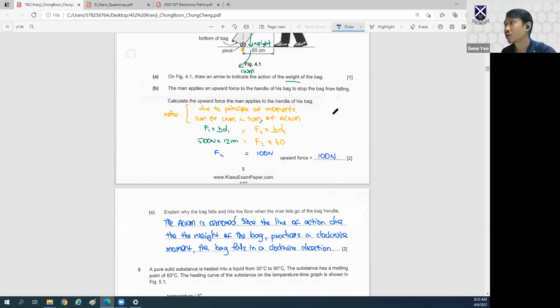Okay, so keywords you must include: line of action produces a clockwise moment. Okay, therefore the bag falls in a clockwise direction.